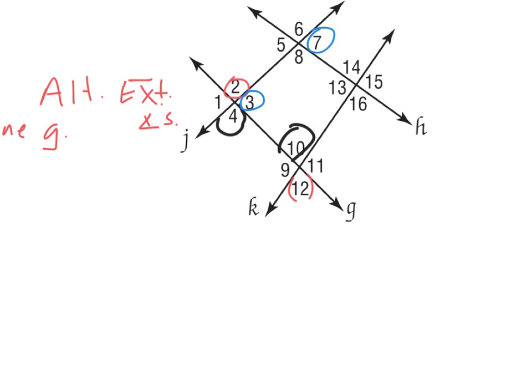All right, let's take a look at the last one, 13 and 10. 10's already in black, so I'm going to box that in. Here's 13. These are on the same side of this line, so line K is our transversal, and those are consecutive interior angles.